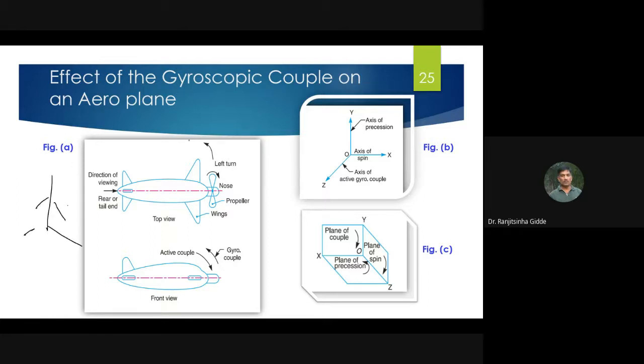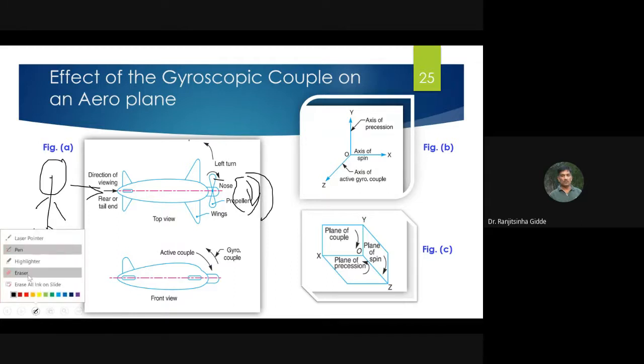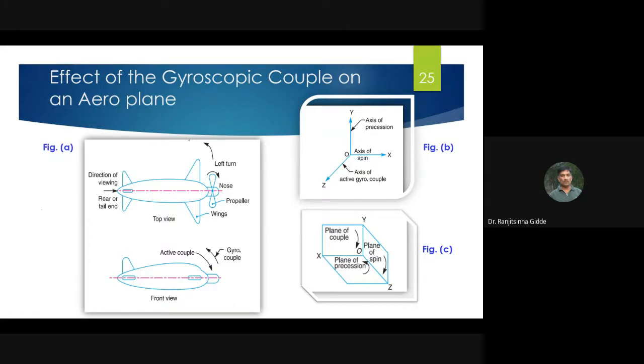Observer is observing from this direction, and at that time this propeller will show it is rotating in this direction. So observer is observing from this side. It is very important, listen carefully. Right? And what it indicates, it rotates in clockwise direction.